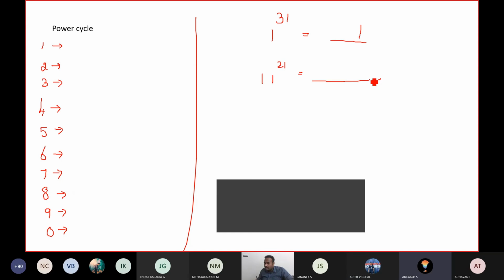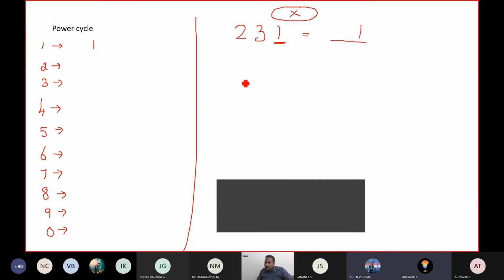Just the last digit. One. Very good. So here I want you to understand one thing. When the last digit of the base value, for example 231, is 1, you don't have to worry about what is there in the power value at all. The last digit is definitely going to be 1.